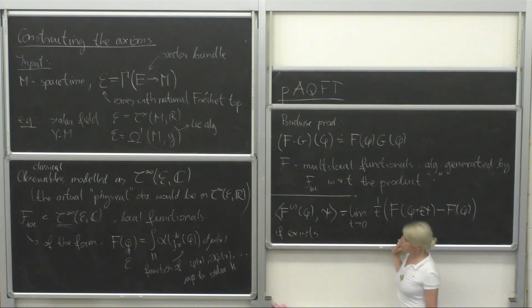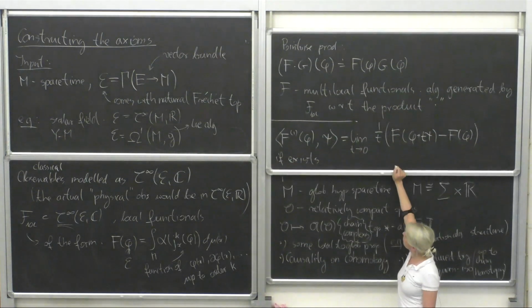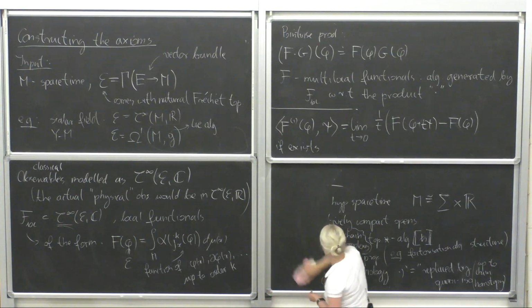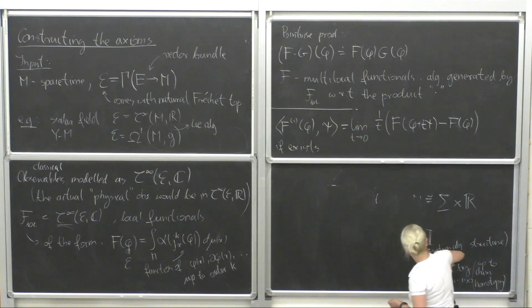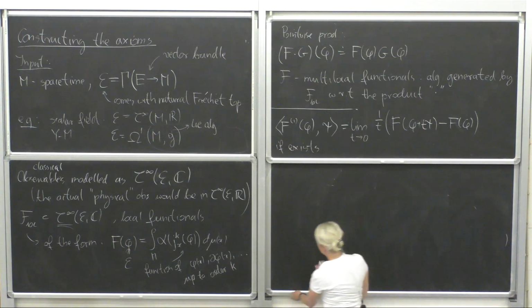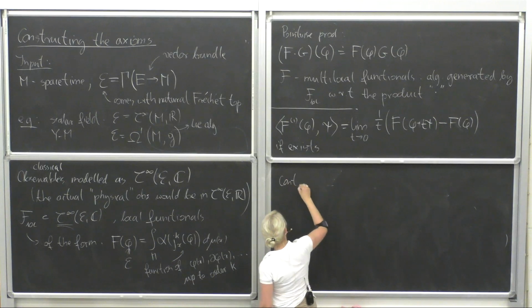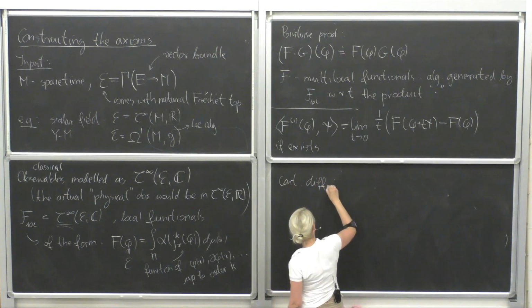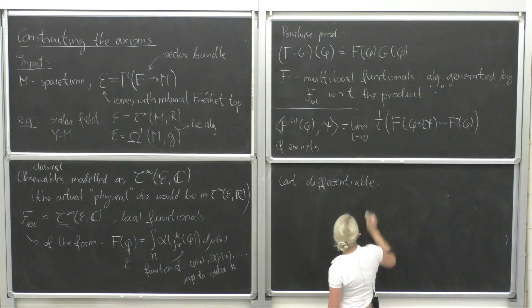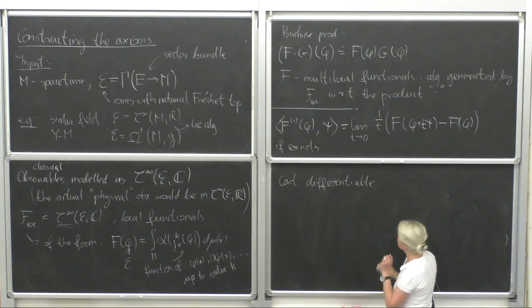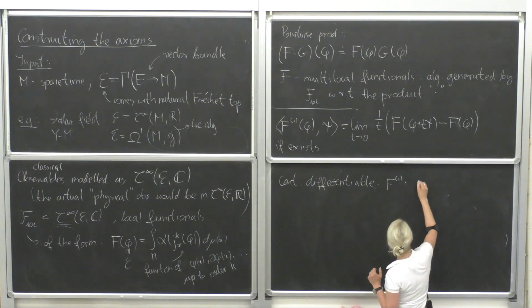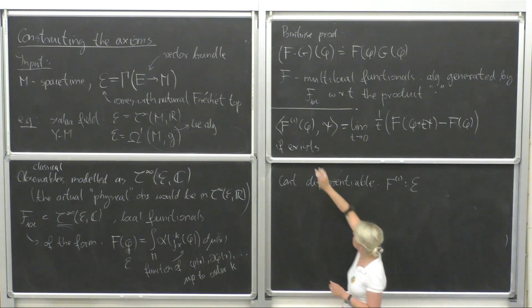Okay, and then continuously differentiable would mean that this derivative is a map from E. This is where this comes from.